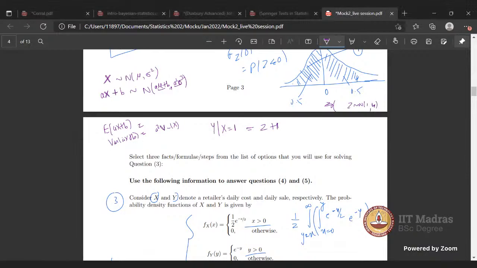Using the same property, this is again a normal distribution with mean a mu plus b. What is a? A is just 1 here, right? So a times mu is 1, plus 1, that is 2, comma a square sigma square. A square is 1, sigma square is again 4. So the distribution is normal too.